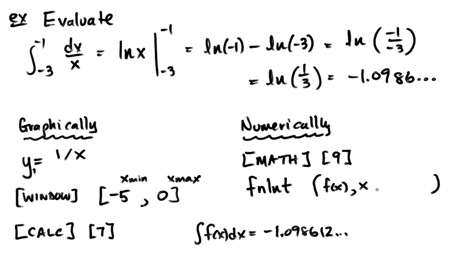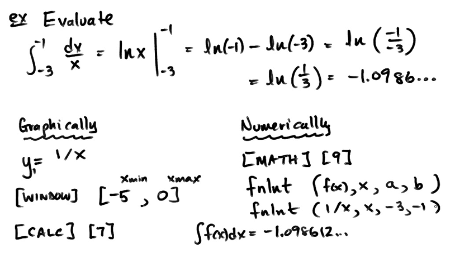Then you say what variable you are using, and you put your lower and your upper limits. So in this case, we're going to have the notation 1 over x. The variable is x. The lower limit is -3, and the upper limit is -1, and that should also give us that same value. Go ahead and do it so that you know where those keystrokes are and how to enter it in on the calculator.